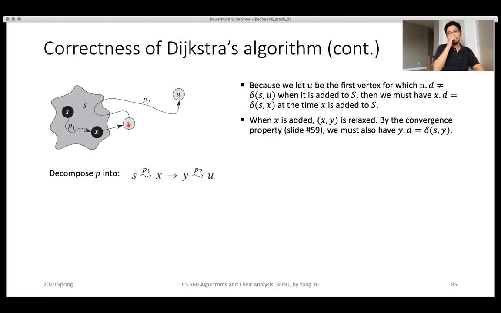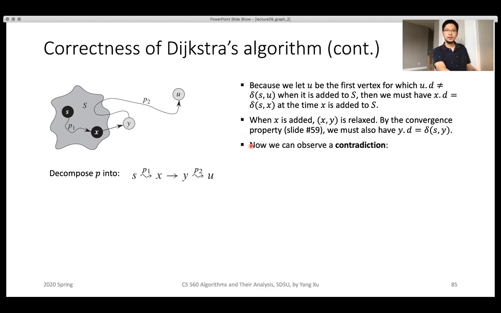By the convergence property, if you go to slide number 59, because D of X is already its global optimal value, the shortest path weight, if we relax XY, then the D of Y will also become the delta between S and Y, the global optimal value. That's the so-called convergence property of the relaxation operation.